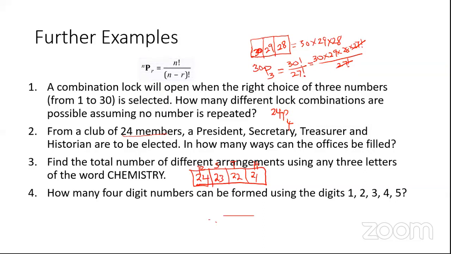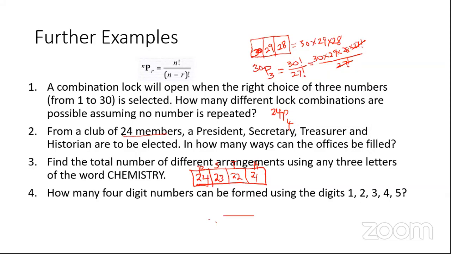Yes, 24 permutation 4. Okay, the next question: find the total number of different arrangements using any three letters of the word chemistry. We want to pick any three letters. How many letters do we have in the word chemistry? 1, 2, 3, 4, 5, 6, 7, 8, 9.